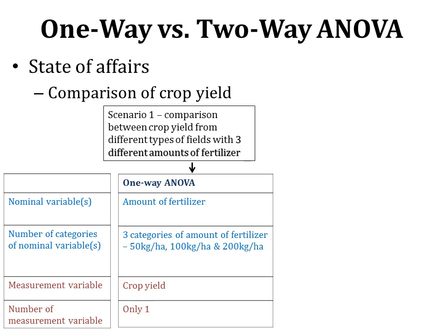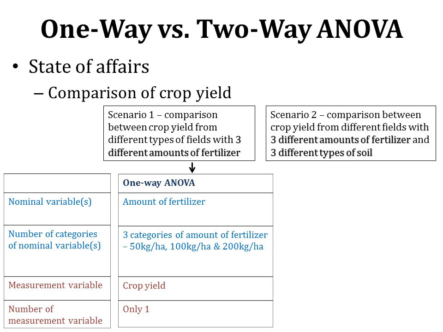The 3 categories of the amount of fertilizer are 50 kilograms per hectare, 100 kilograms per hectare and 200 kilograms per hectare. So these are 3 categories. So we are going to apply one-way ANOVA, and the measurement variable is only 1, which is crop yield.